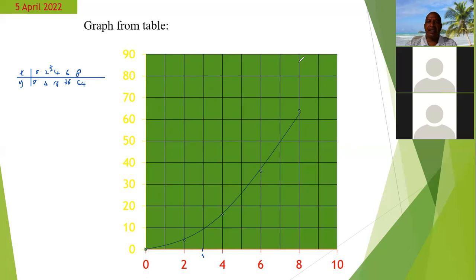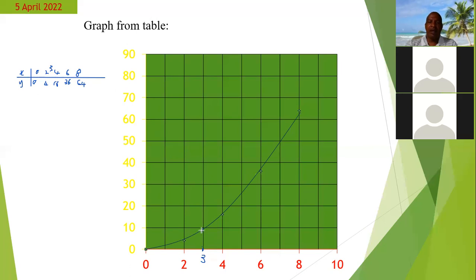So on the x-axis, at the position where 3 would be, we could draw a line to meet the curve. Then wherever that line meets the curve, we could come across and meet our y-axis, and use that to determine the Y value.